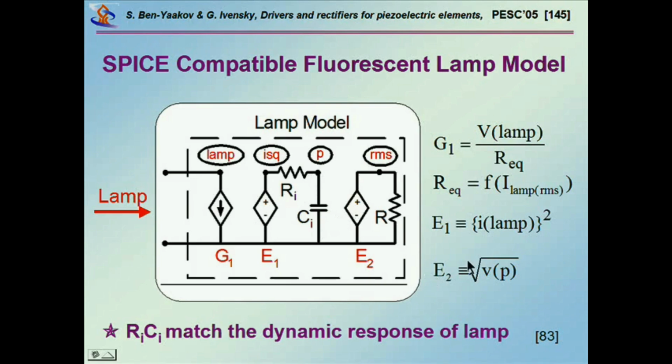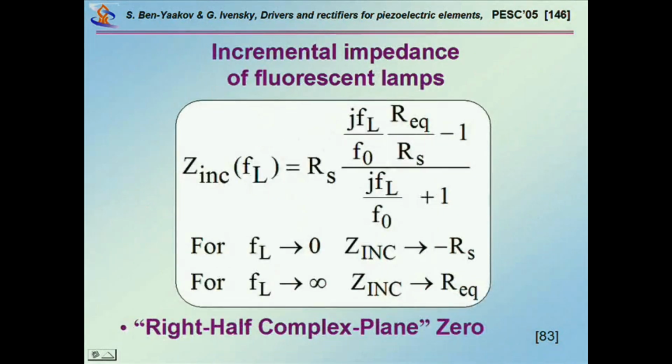And when you take this square root here, this is the RMS. So this is the RMS of the current. And if you fit this R equivalent to the RMS current, then you can fit this model to any given lamp. Okay?